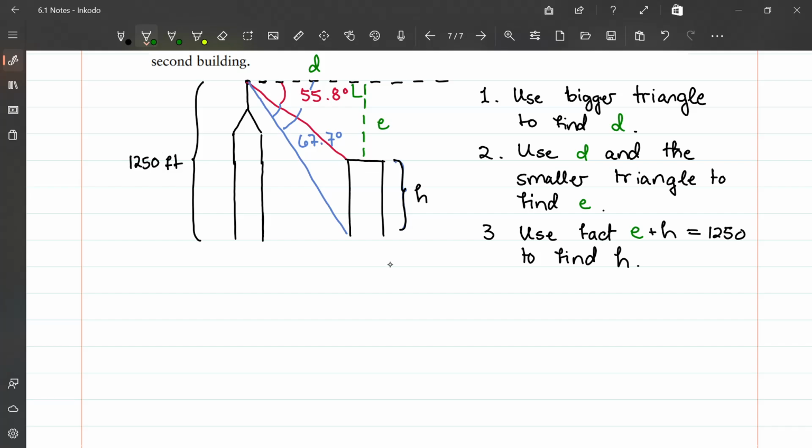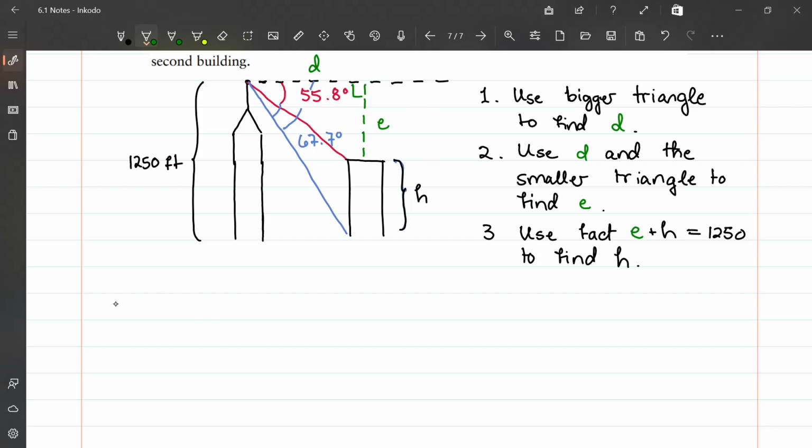So let's go ahead and start on the first of the small steps. I'm working with a triangle that has this 67.7 degree angle here. The side opposite that angle is 1250, and I want to figure out what D is. Since I want to relate this angle, this side length, and this side length here, it seems to me like I could use either tangent, which would do opposite over adjacent, or maybe more usefully, I could use cotangent, which would use adjacent over opposite.